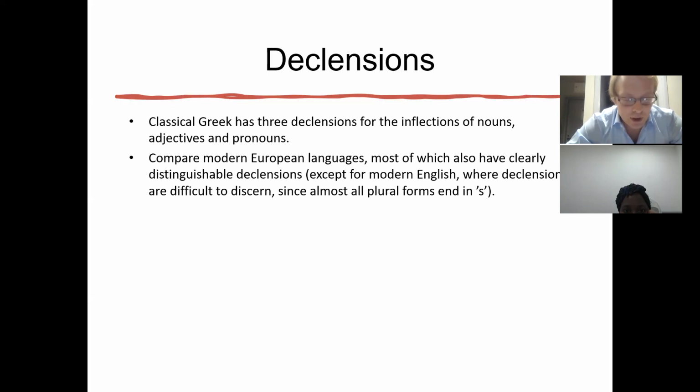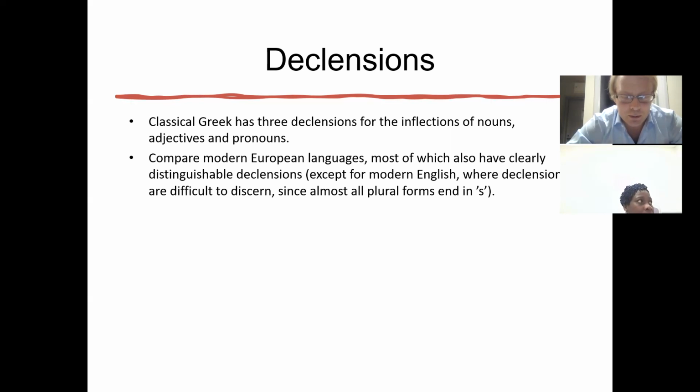At this juncture, it may be noted, for the sake of comparison, that most modern European languages have clearly distinguishable declensions for nouns too. For instance, in modern Swedish, there are 5 of them.